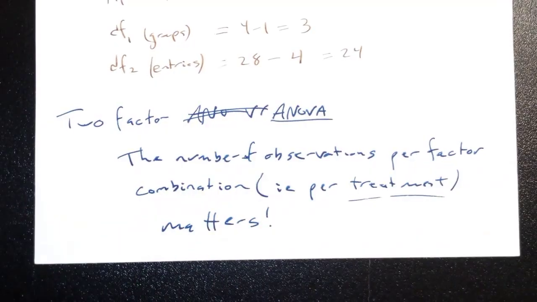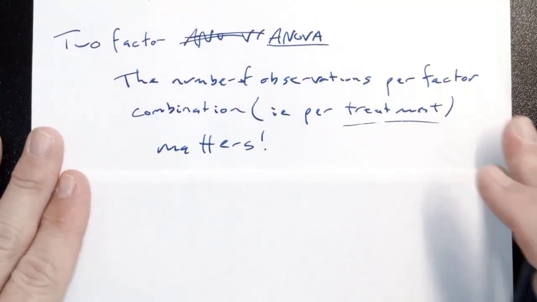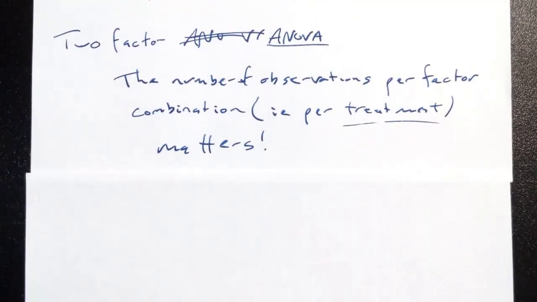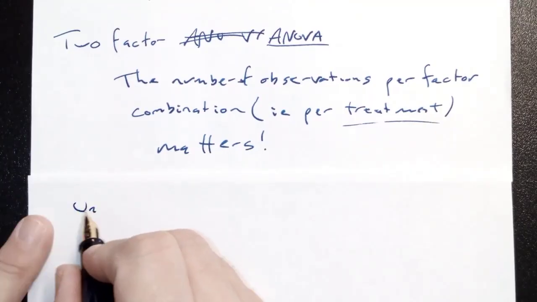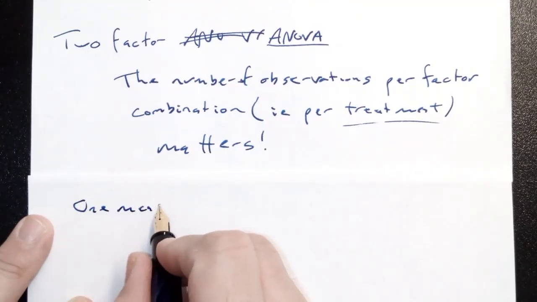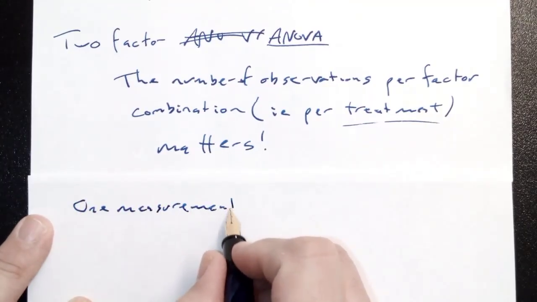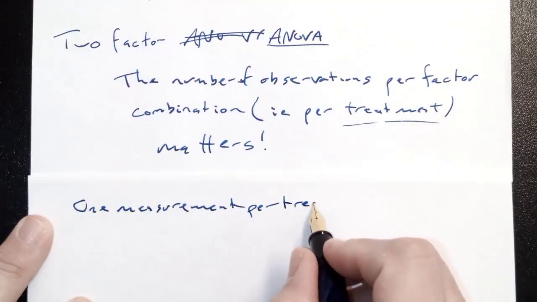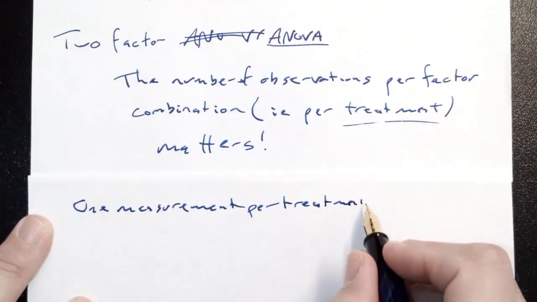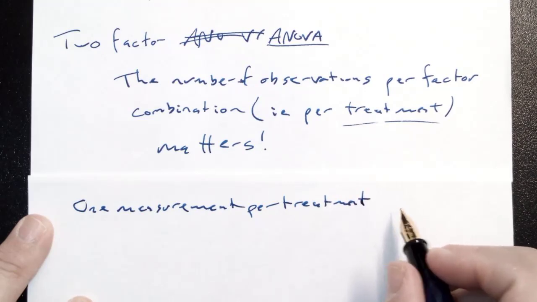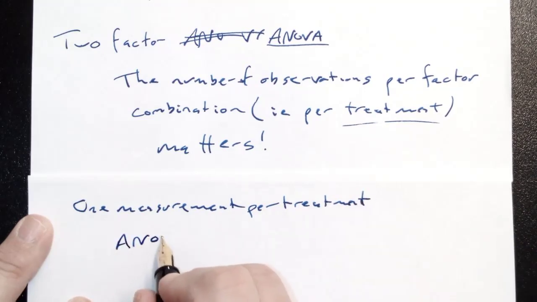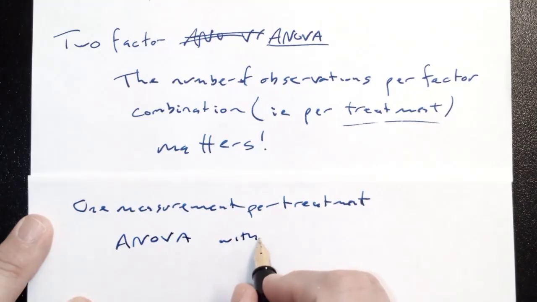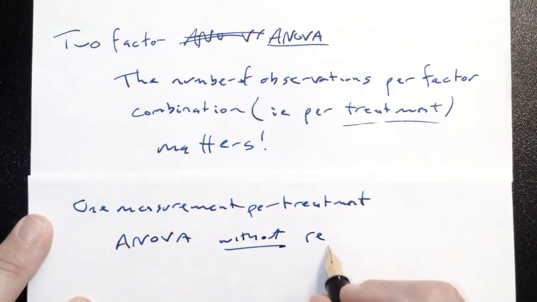So we said each combination of factors was a treatment. So I'm going to have to look at whether I have one measurement per treatment or multiple measurements per treatment. If I only have one measurement per treatment, then we say this is an ANOVA without replication.